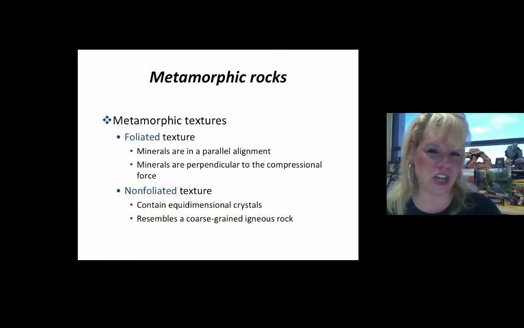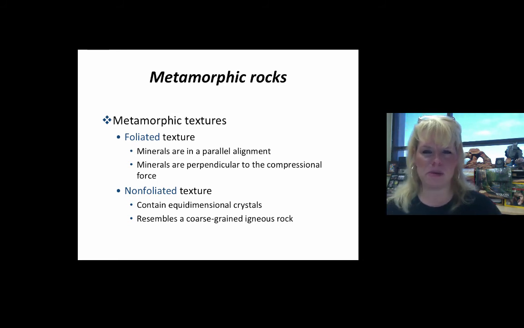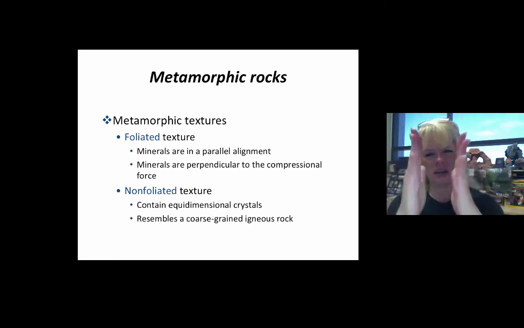So there are two types of textures for metamorphic rock, foliated and non-foliated. Those are the equivalent texture terms: in igneous it would be phaneritic and aphanitic, and in sedimentary it would be clastic or detrital, or chemical. So foliated texture we'll take a look at in a second, but it basically takes crystals in their random arrangement and aligns them in parallel fashion.